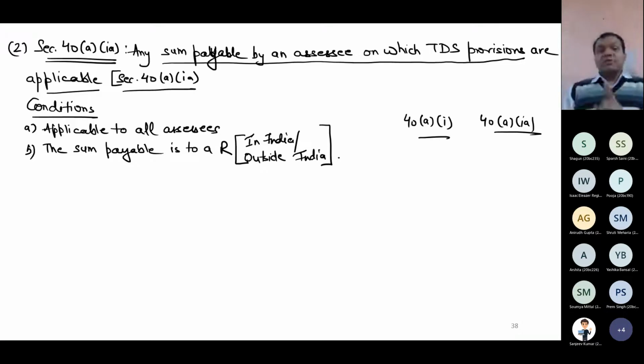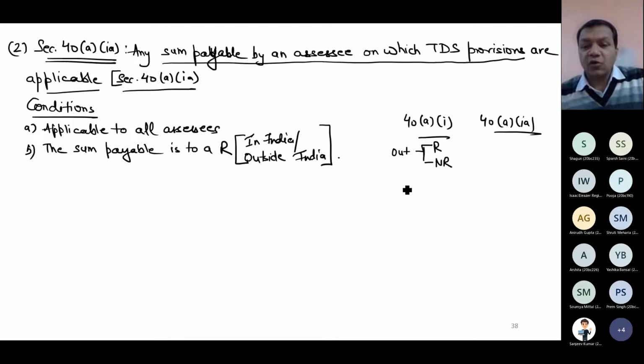If you remember 40A1, the condition was that the sum payable should be outside India, whether resident or non-resident. Or if within India, then the sum payable should be either to a foreign company or a non-resident assessee, any non-resident assessee other than an Indian company.